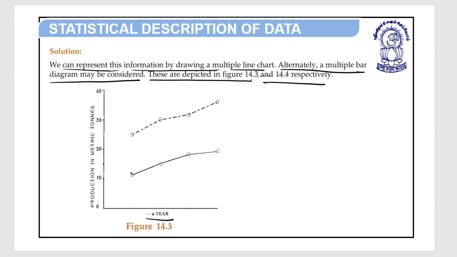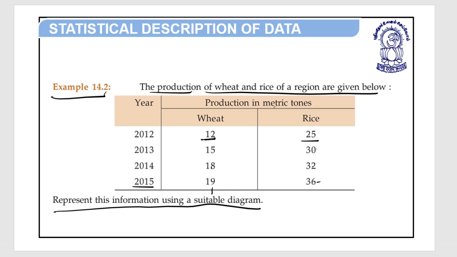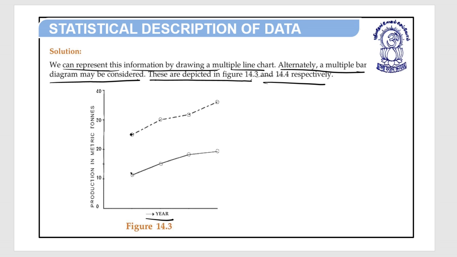Wheat 12 tons and rice 25. In 2013, wheat 15 and rice 30. 15 and 30.